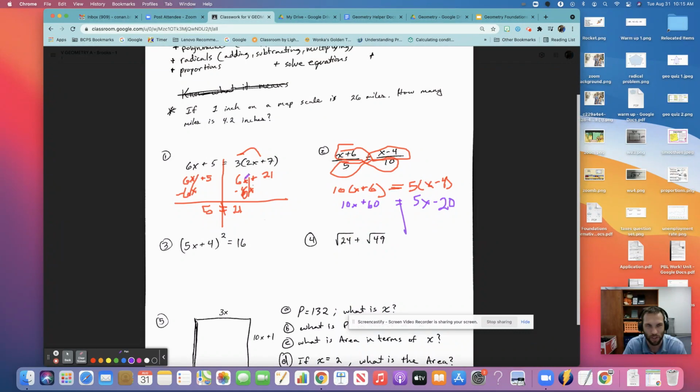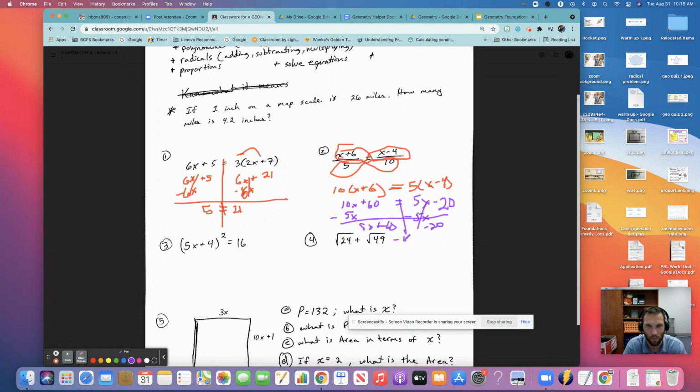And now we're solving, it's just like number one. I'm going to subtract 5x both sides. And that's going to give me 5x plus 60 is equal to negative 20.